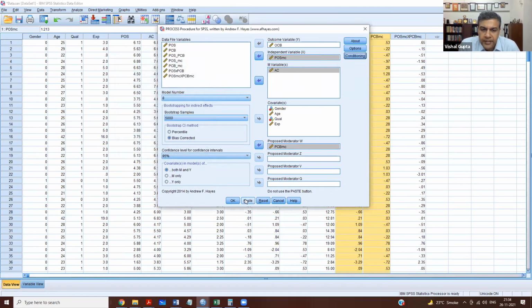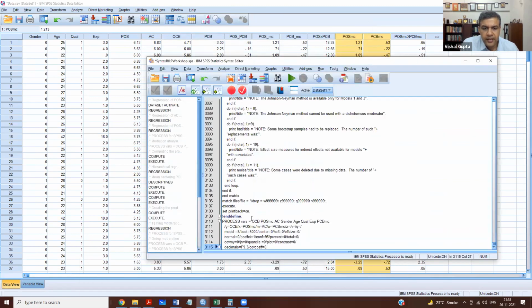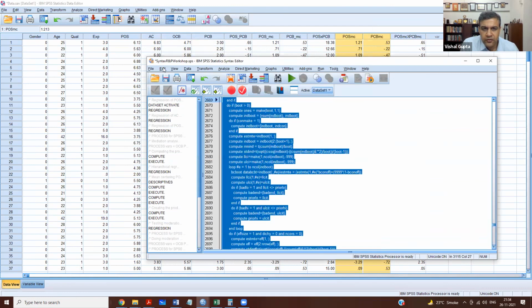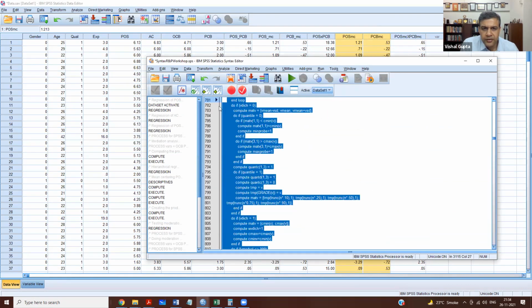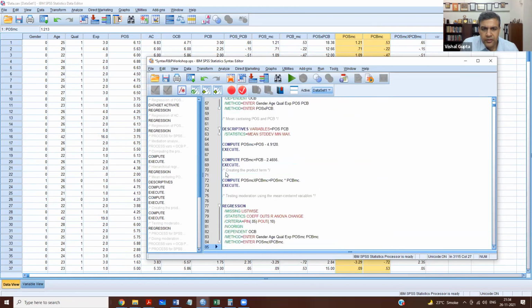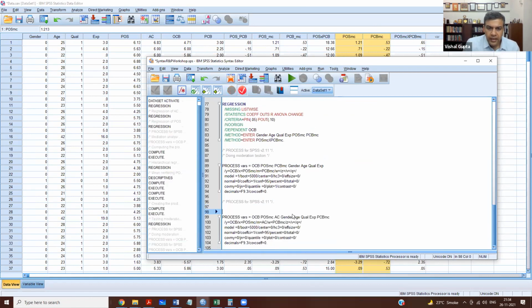And now I will paste the command again in my syntax file. And we know that there will be 3000 lines of code that will be printed, so we will remove that code from our syntax, and we will add the comment that this is our moderated mediation.